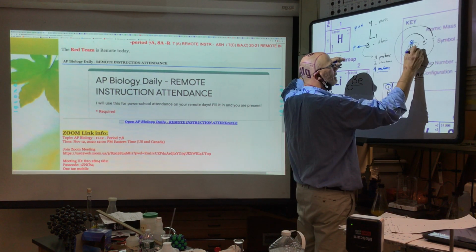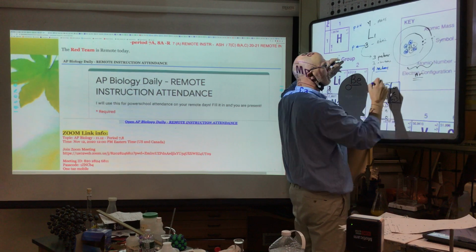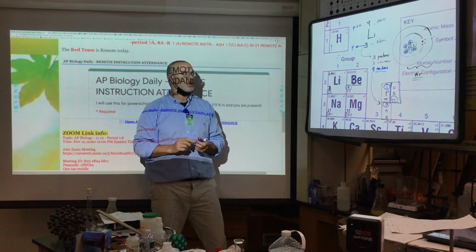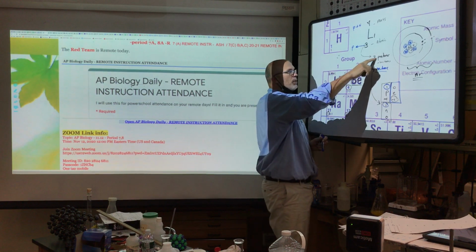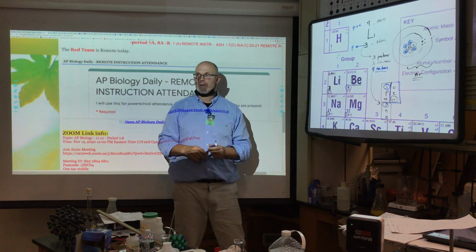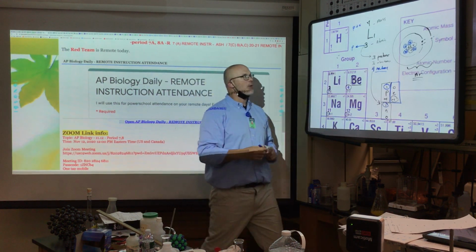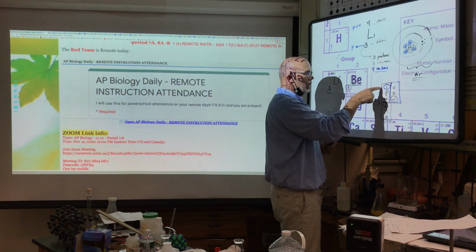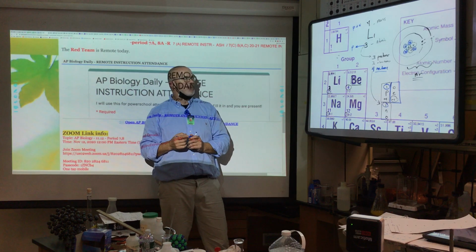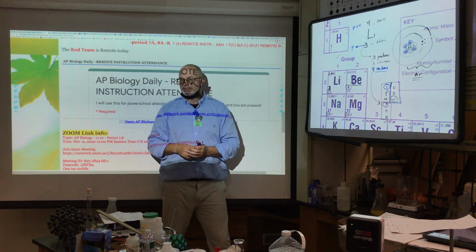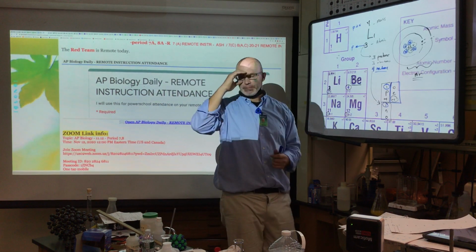Where exactly, who knows? I'm just putting them haphazardly. So the nucleus of lithium is 3 protons and 4 neutrons. And the entire mass of the atom is where these particles exist. That's the basics.